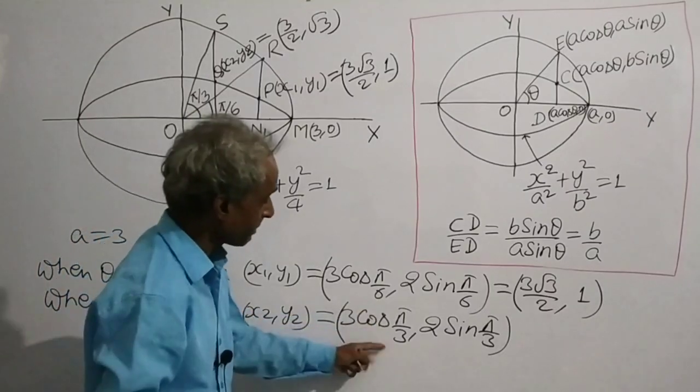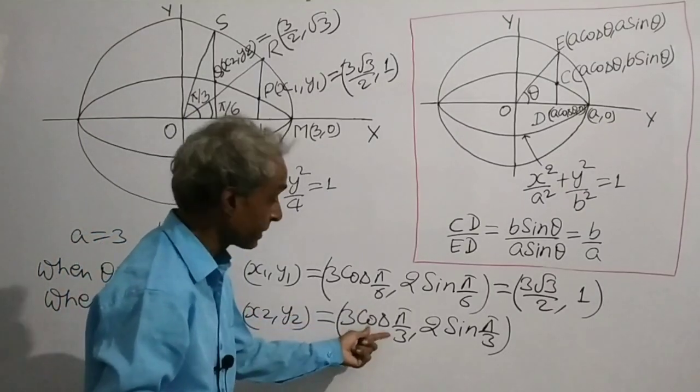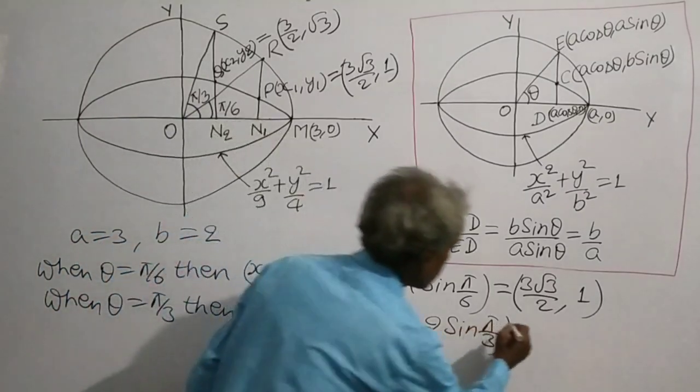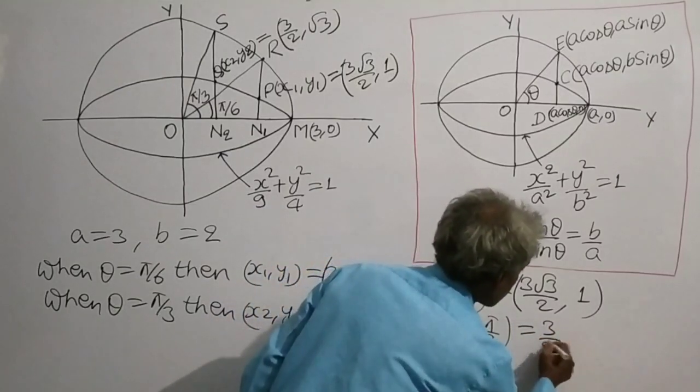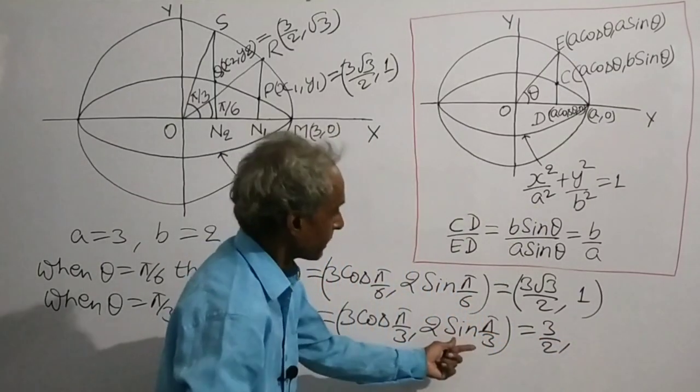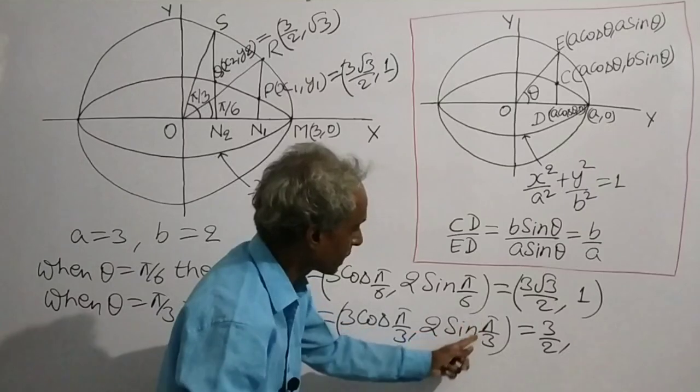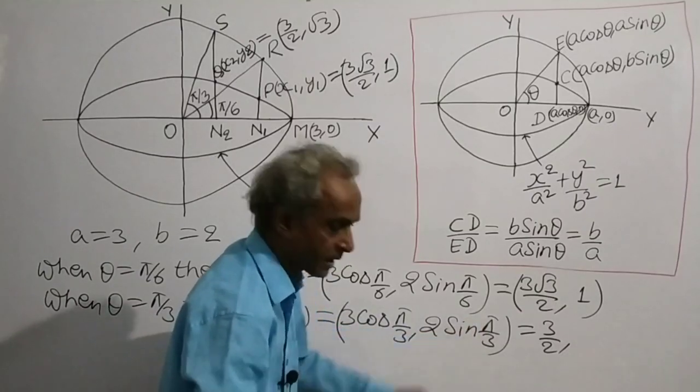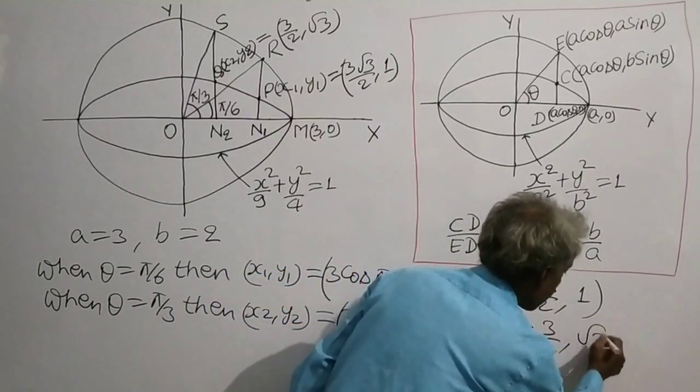Cos pi by 3 means cos 60 degree means 1 by 2, so 3 by 2. Sin 60 degree is root 3 by 2, 2 times root 3 by 2 means root 3.